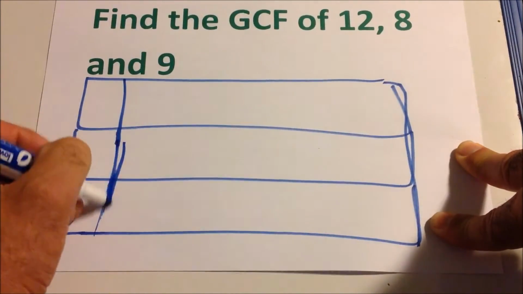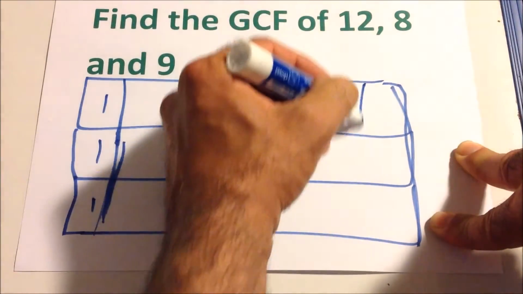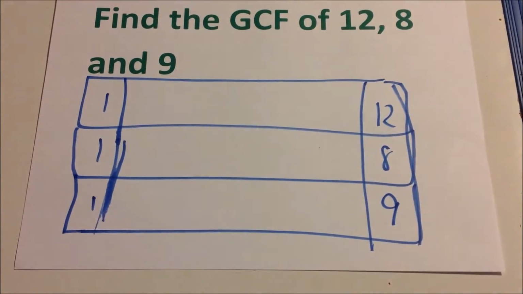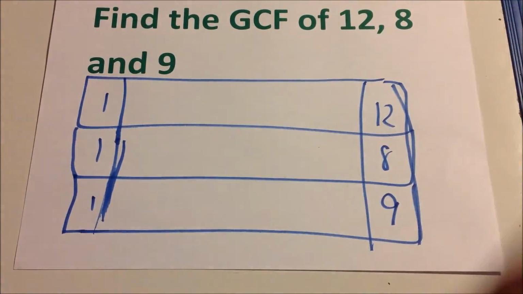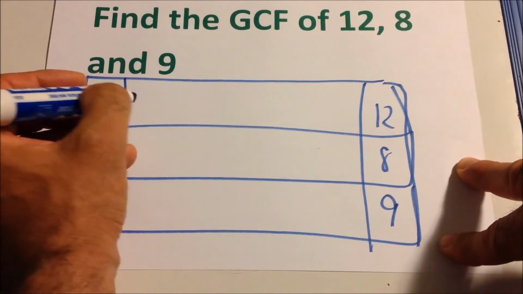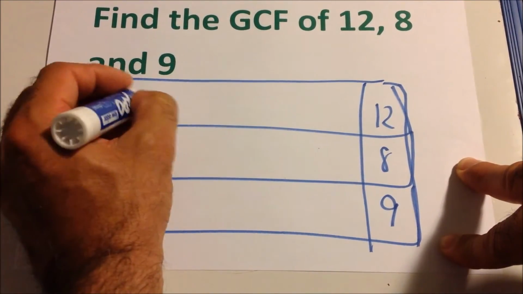We'll start with 1. Doesn't have to be perfect. We'll put 12, 8, 9. Doesn't matter where you put them. So pause the tape and tell me if you know the greatest common factor of 12, 8, and 9. We already did 12 and 8, so we'll just fill in these boxes.